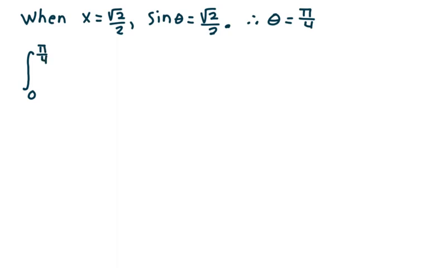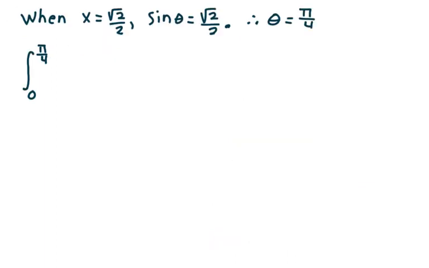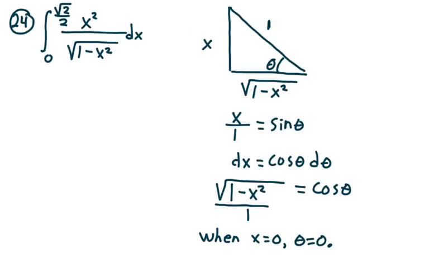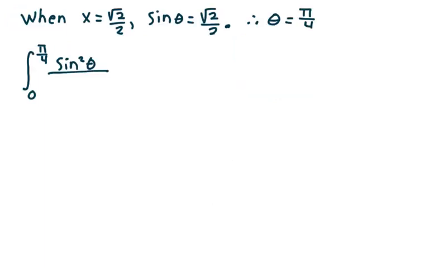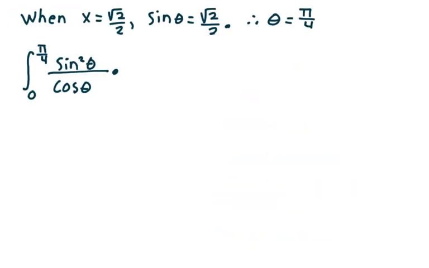Now, x squared is sine squared theta. So we get sine squared theta, and I'm going to divide by the square root of 1 minus x squared, which is equal to cosine theta. And then I'm going to multiply by dx, which is cosine theta d theta.